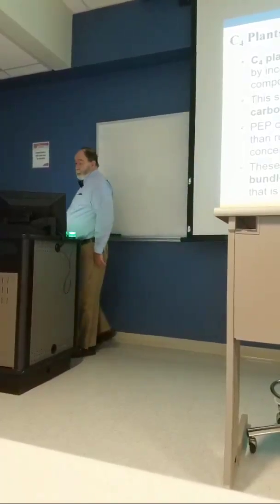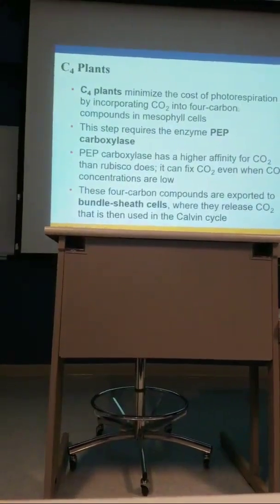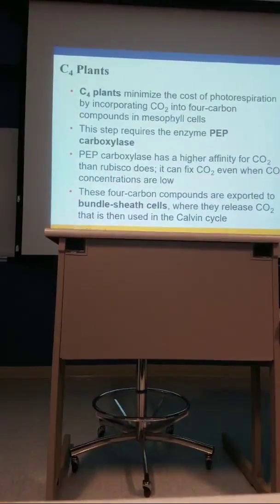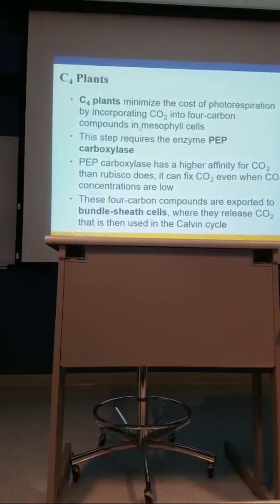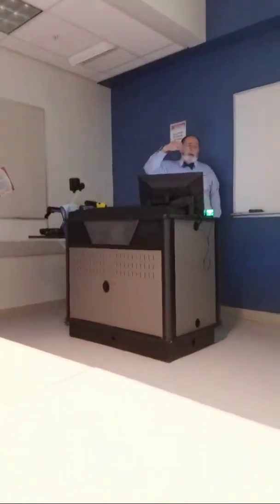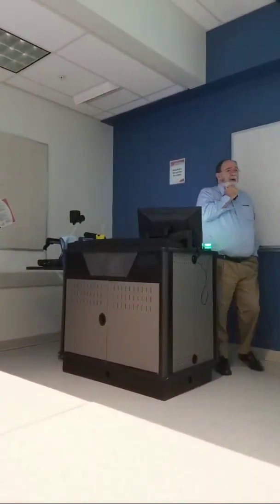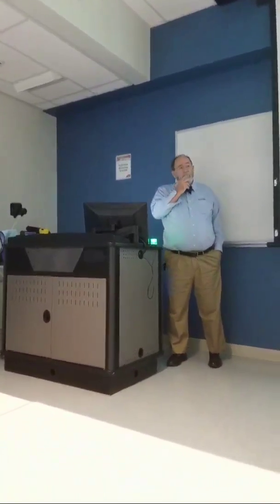Now, C4 minimizes the cost of photorespiration by incorporating carbon dioxide into 4-carbon compounds. Remember, photorespiration tries to do 2 things. If you do have carbon dioxide in, then you don't have water that you can spare. You've got to get rid of the carbon dioxide. Well, C4 plants do that a little bit differently.